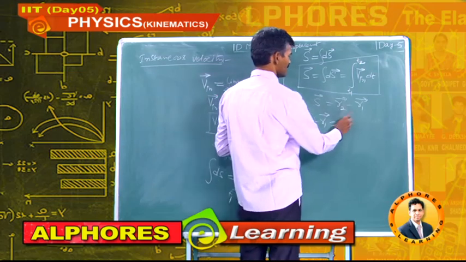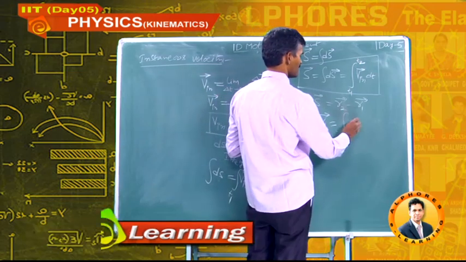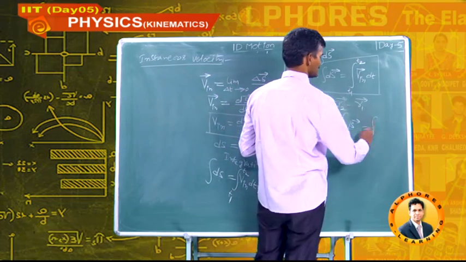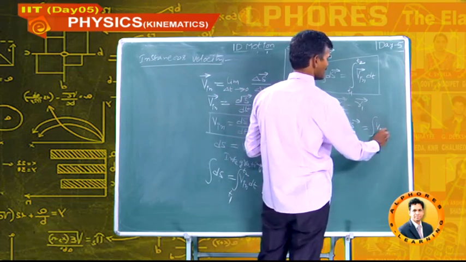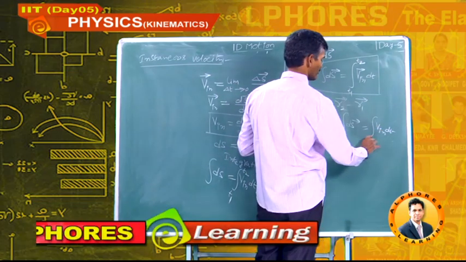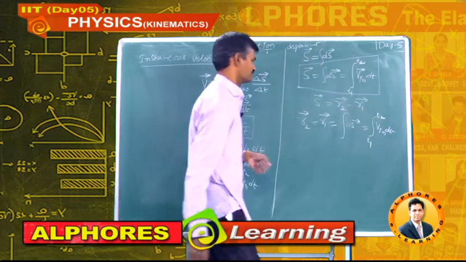On substituting here, r2 bar minus r1 bar is integral ds bar, that is integral V_inst into dt from t1 to t2.